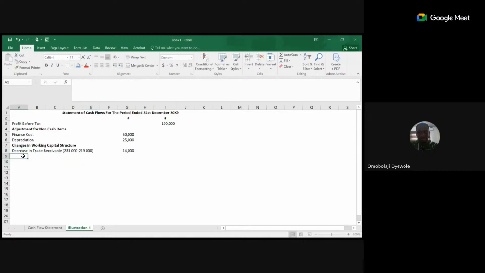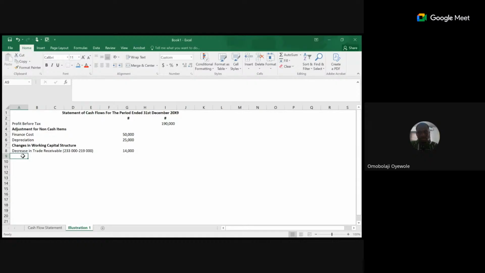Now, the next one is what? Inventory. So if you look at inventory, inventory as at 1st of January is 118,000. Inventory as at 31st of December is 124,000.